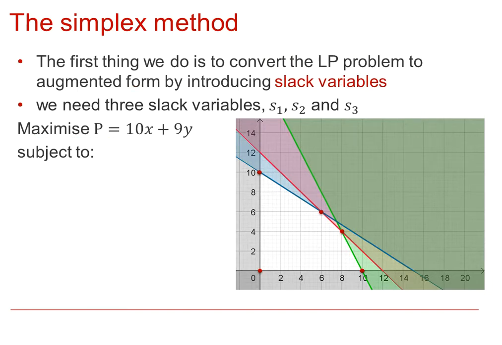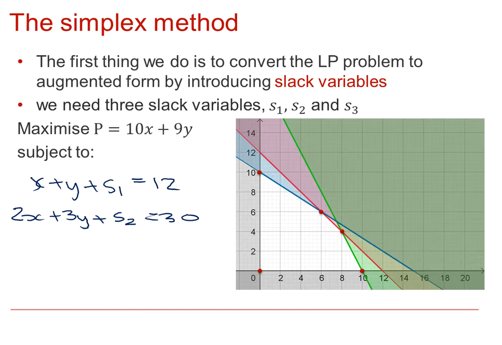First we need to convert this to an augmented form by introducing the three slack variables S1, S2 and S3. This gives us x plus y plus S1 equals 12, 2x plus 3y plus S2 equals 30, and 2x plus y plus S3 equal to 20.